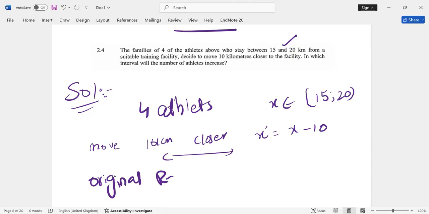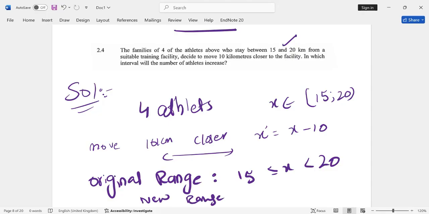Original range, that is, we have 15 less or equals to x less than 20, and new range, that is, we say that x prime equals to x minus 10.